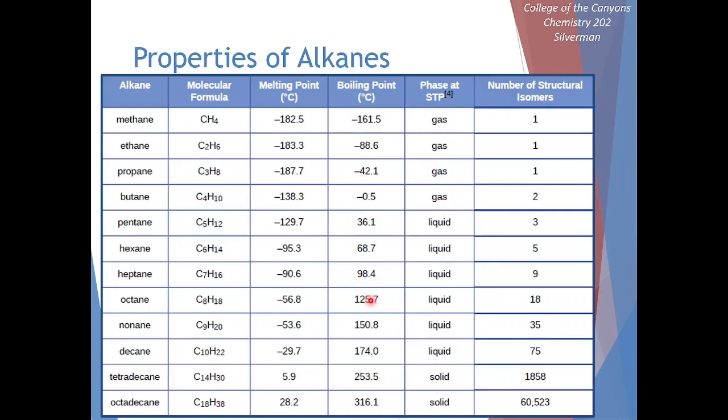Right? All these properties are dictated by those intermolecular forces, in this case, solely by London dispersion forces. We also have the number of isomers available, even just up to 11 carbons in our molecule. We can have 60,000 different isomers. Yeah, can get very complex pretty quickly.